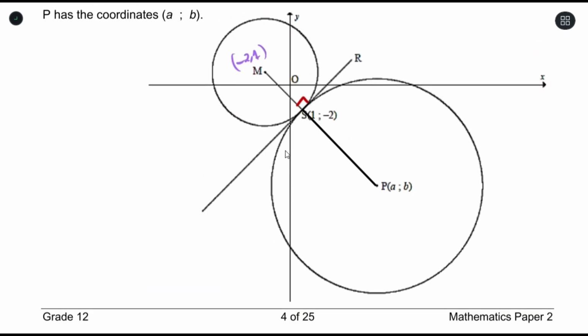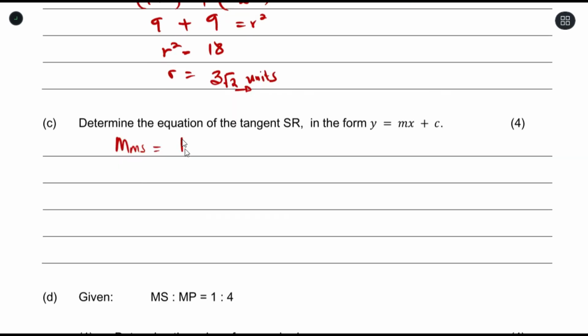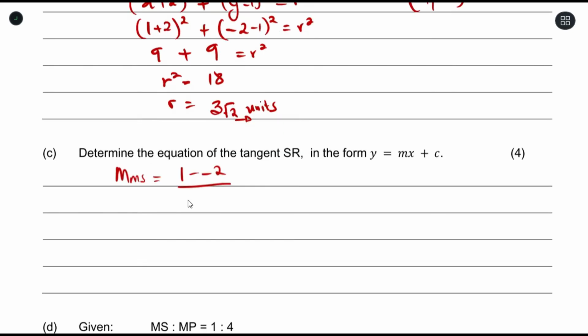So if I can get the gradient of MS, I can get the gradient of SR, because they are perpendicular, so the gradients will multiply to give you -1. Let's try to get the gradient of MS, and this is what that's going to give you. So the gradient of MS times the gradient of SR gives -1. If the gradient of MS is -1, therefore the gradient of SR will just be 1.